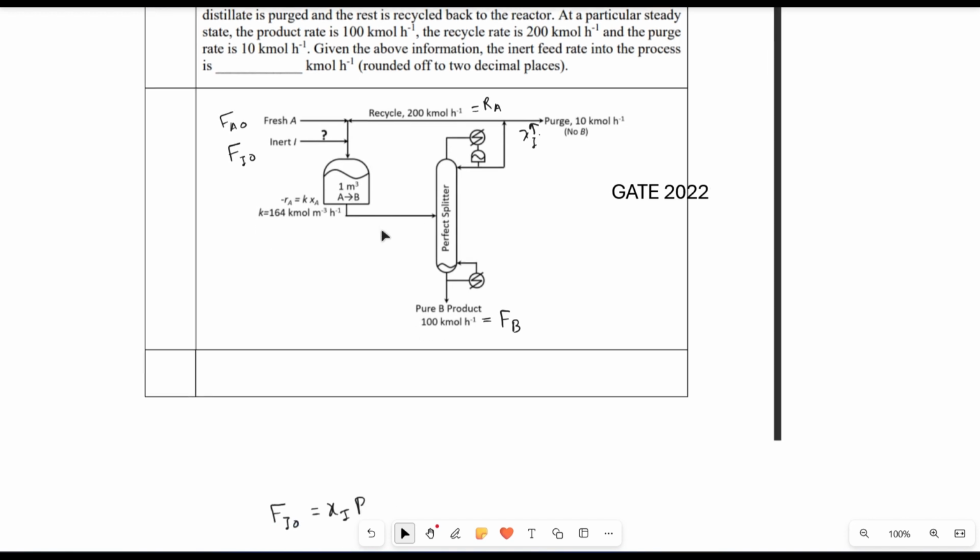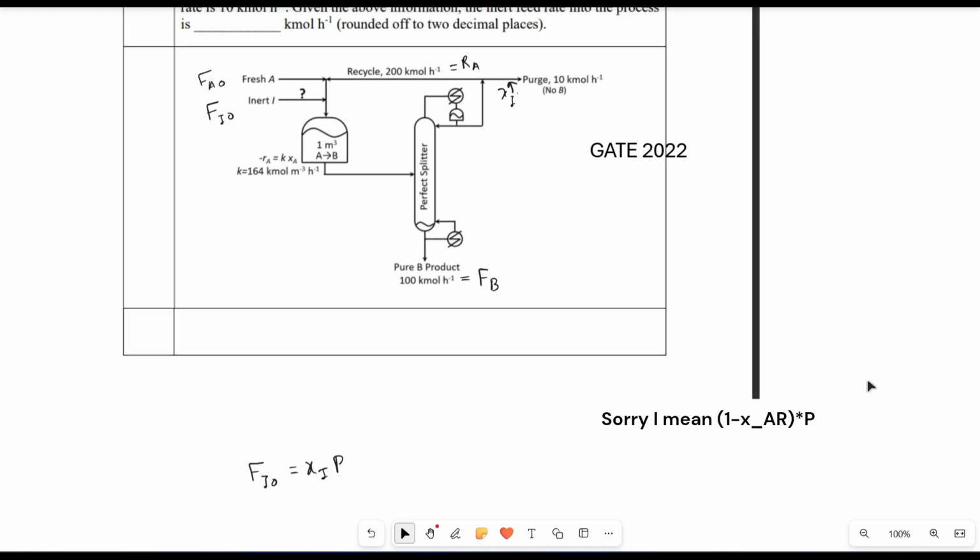Now this is a mole conserving system, so F A naught plus F I naught is equal to 10 plus 100, which is 110 kilomole per hour. This might be handy.